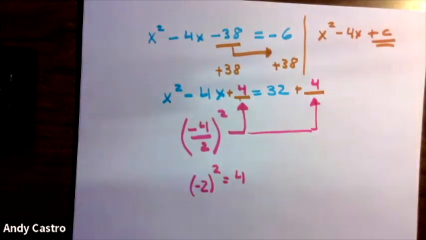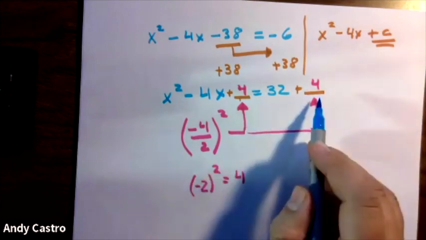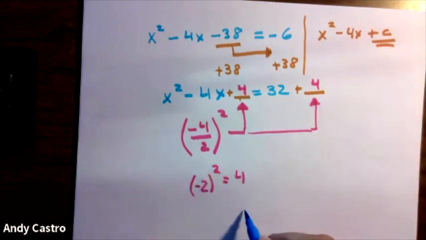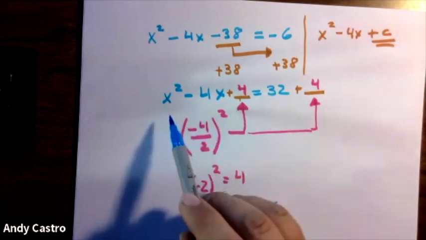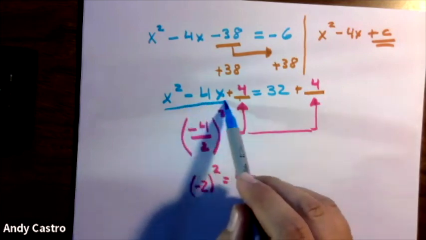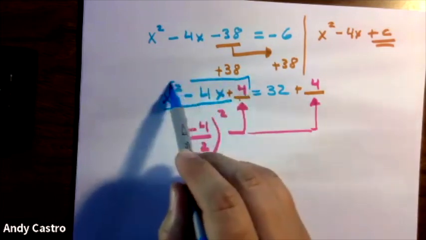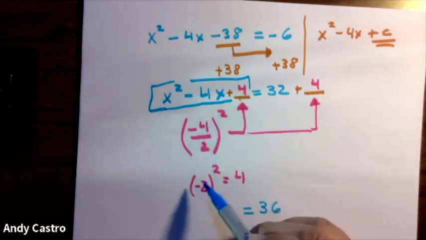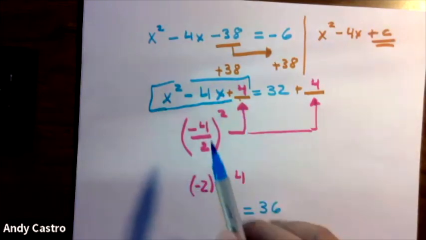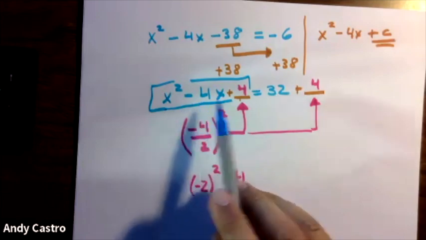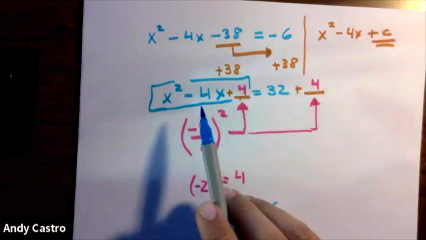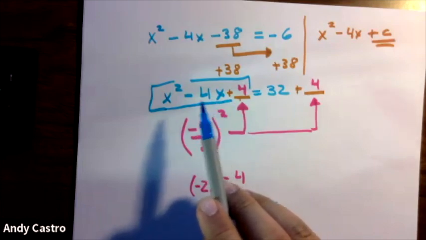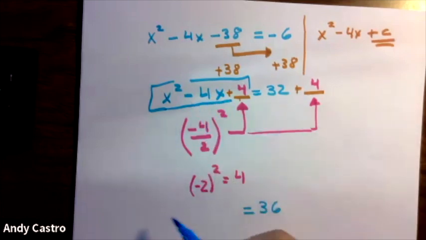So now, here on the right, I have 32 plus 4. So that gives me 36. And then here I have x squared minus 4x plus 4. That's now a perfect square, right? And it's going to be this middle number of negative 2. Because negative 2 times negative 2 gives me positive 4, and negative 2 plus negative 2 gives me negative 4.